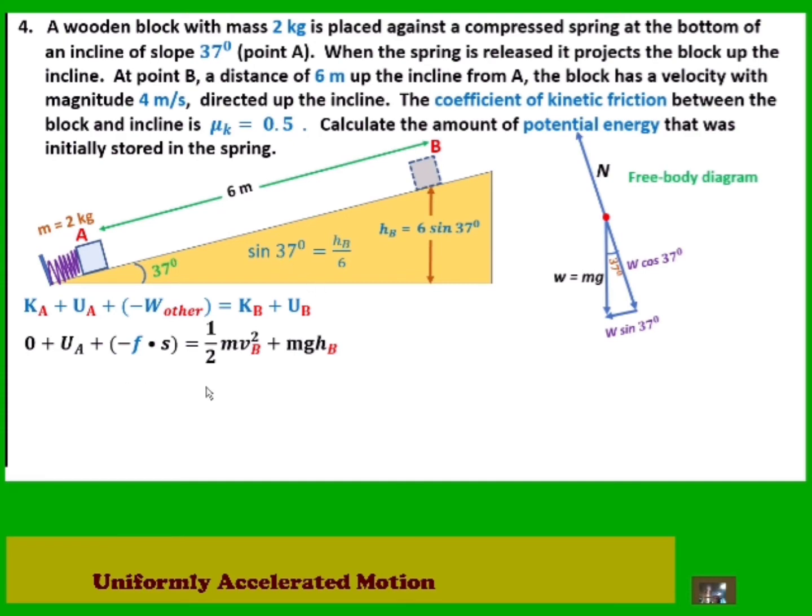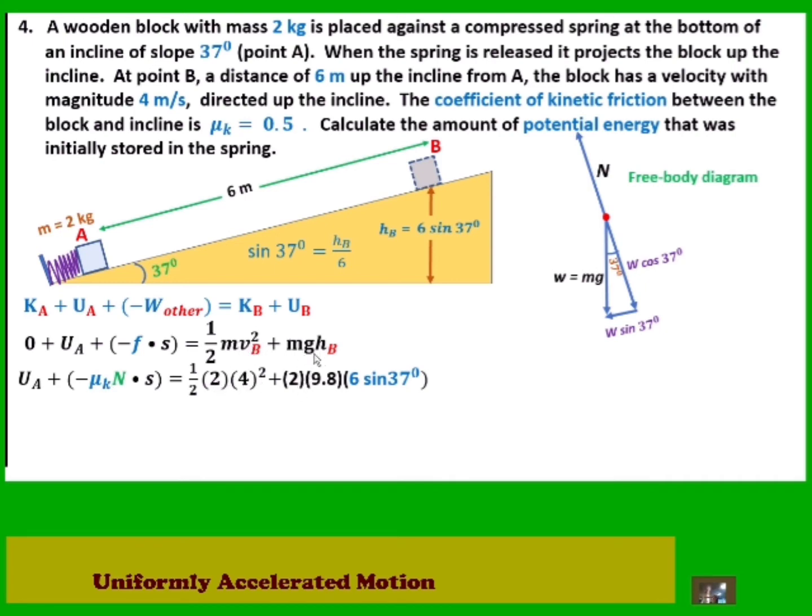So substituting it here in h sub B and substituting the values, U sub A, the elastic potential energy, is unknown. The kinetic friction is equal to U sub K times the normal force. M is 2. At point B, its velocity is 4.